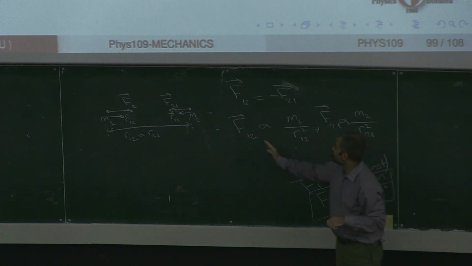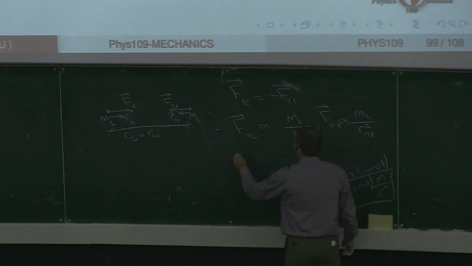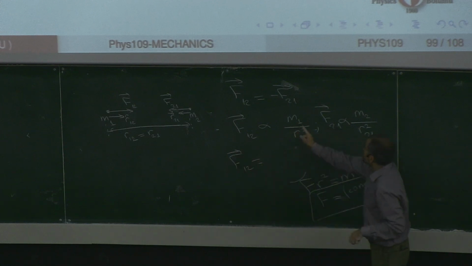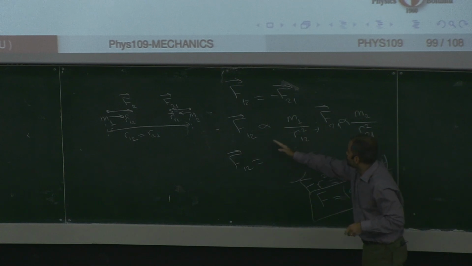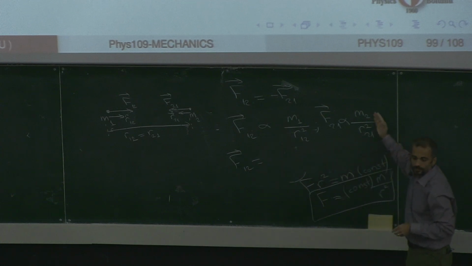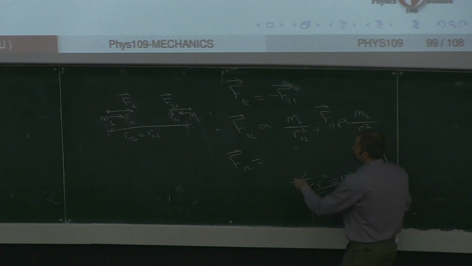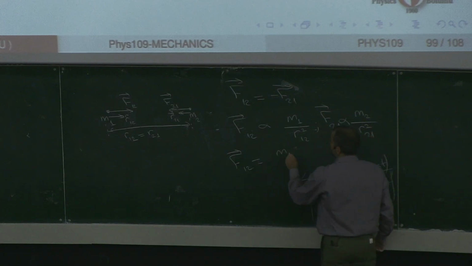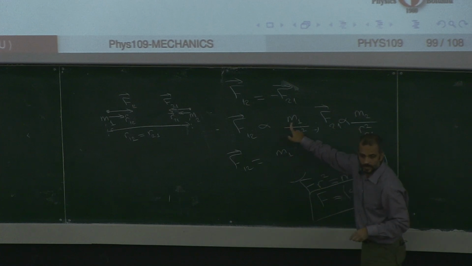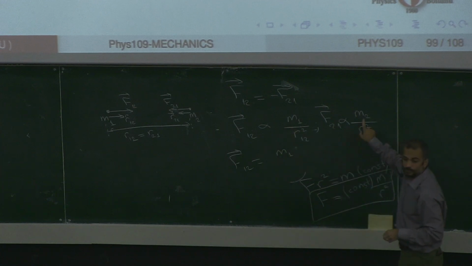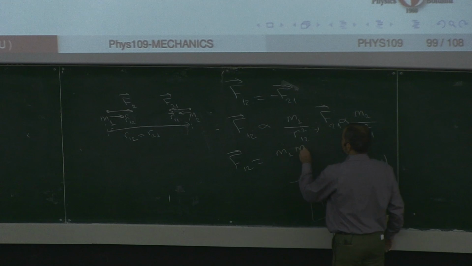But we know that these two forces are related. Since F21 and F12 are related, F12 is proportional to this one and also proportional to the mass of the second one. So F12 is proportional to m1, the mass of the first one, and proportional to the mass of the second one.